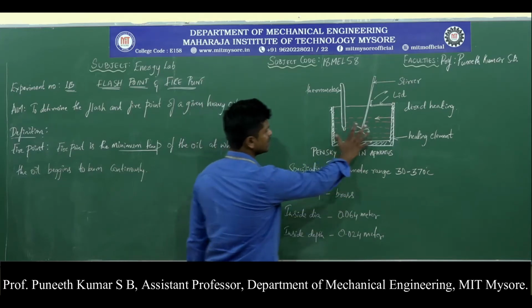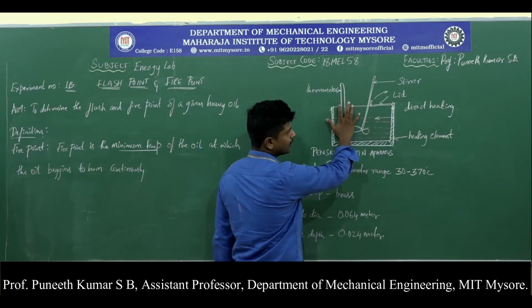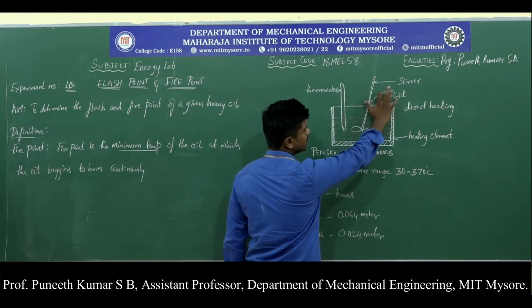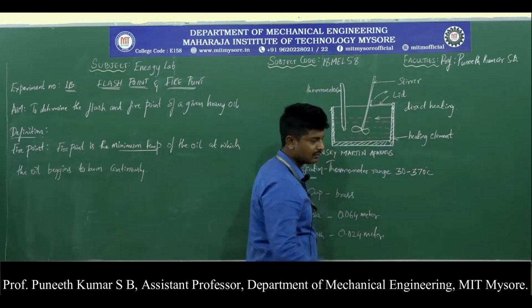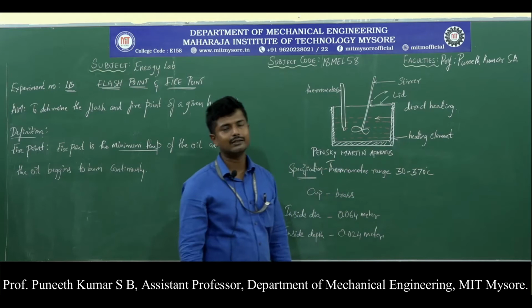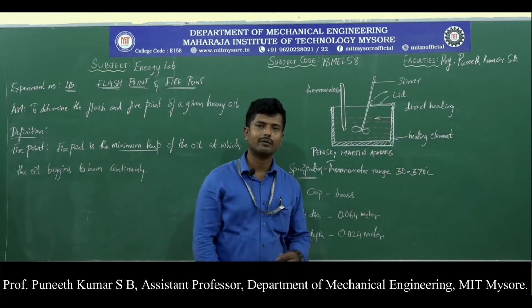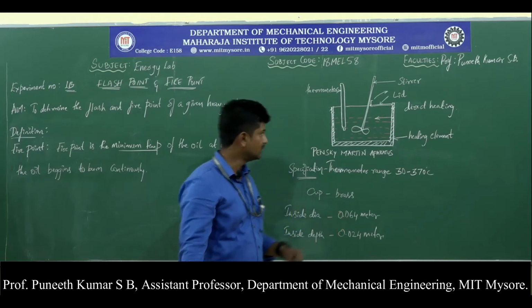So in this arrangement we have a stirrer and also a thermometer, with a lid which is openable, so that whenever the lid is open we can take the test flame near the opening so that we can see whether the flash or fire phenomenon is taking place or not.